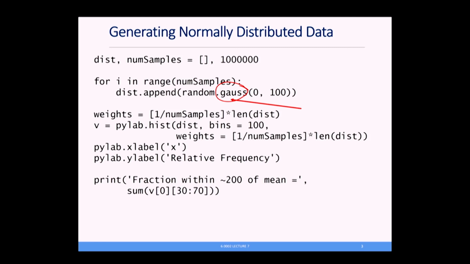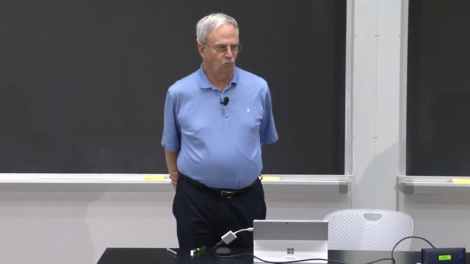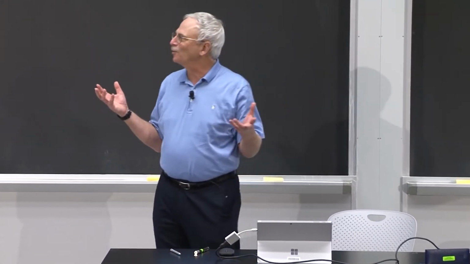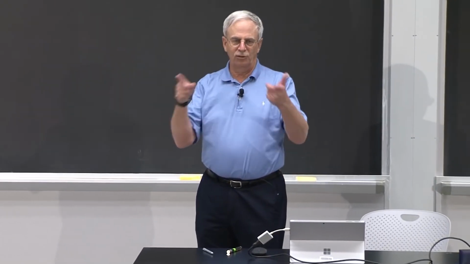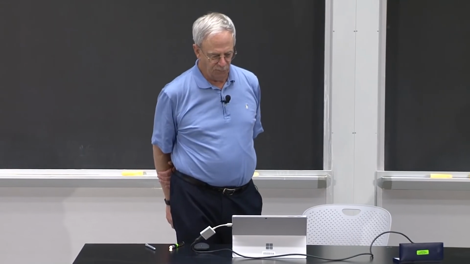The first argument is the mean, and the second argument is the standard deviation, or mu and sigma, as they're usually called. Every time I call that, I will get a different, or usually a different random value drawn from a Gaussian with a mean, in this case, of 0, and a standard deviation of 100.